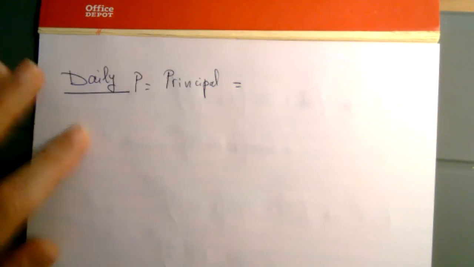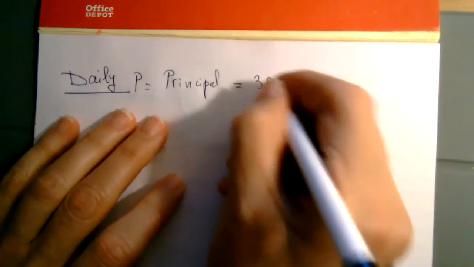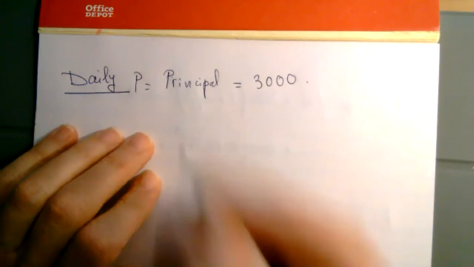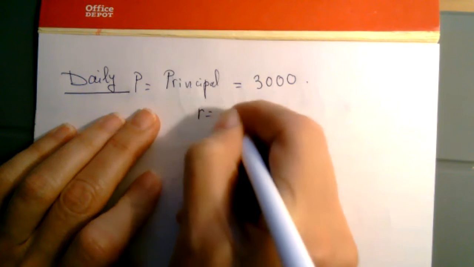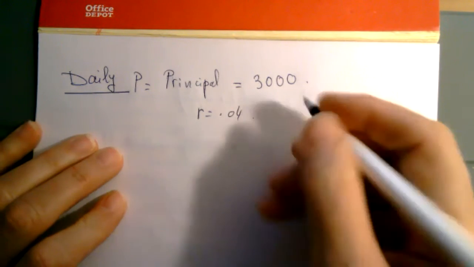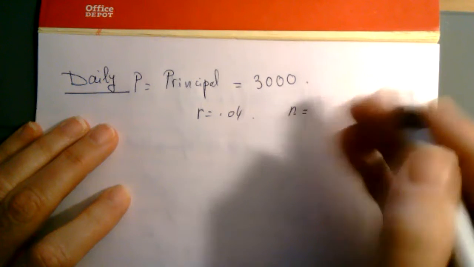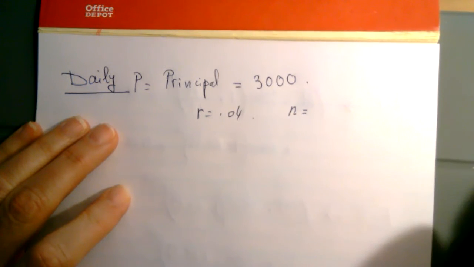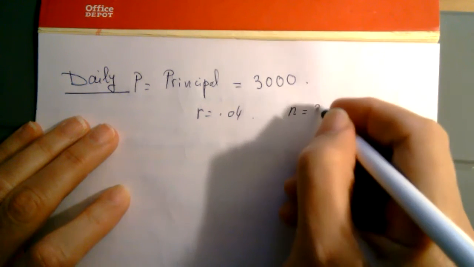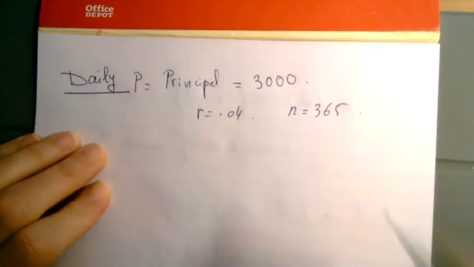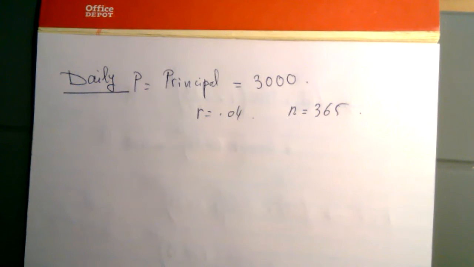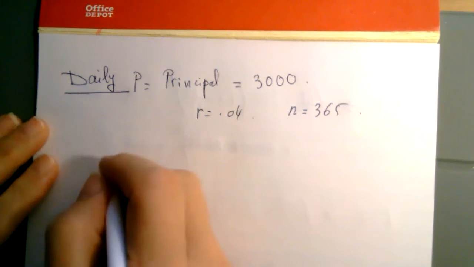So the principal is 3,000, and R is 0.04, compounded daily. Compounded daily means every day you're getting interest, so you're getting interest 365 times a year. It means you can go to the bank and withdraw your money almost any day and you don't lose any interest. So what is the formula in this case?